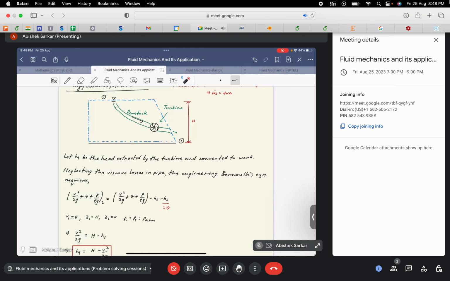Keeping that in mind, V1 can exactly be taken as equal to 0 at point 1 at the free surface.